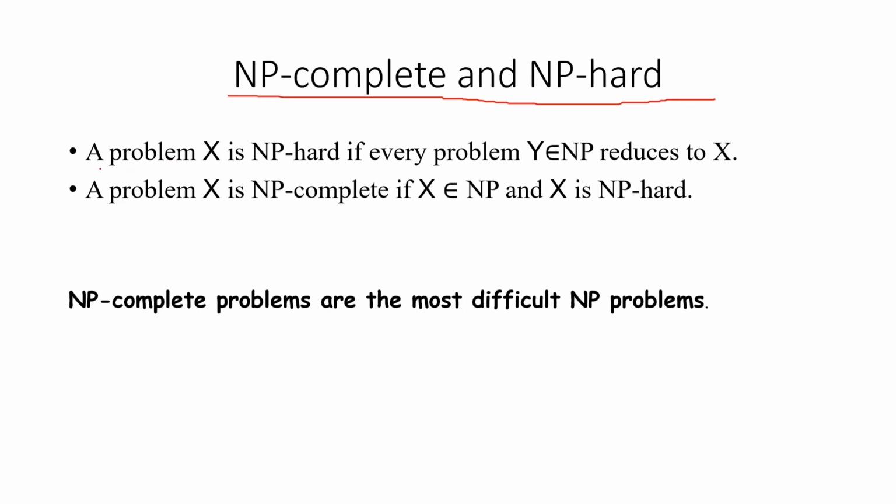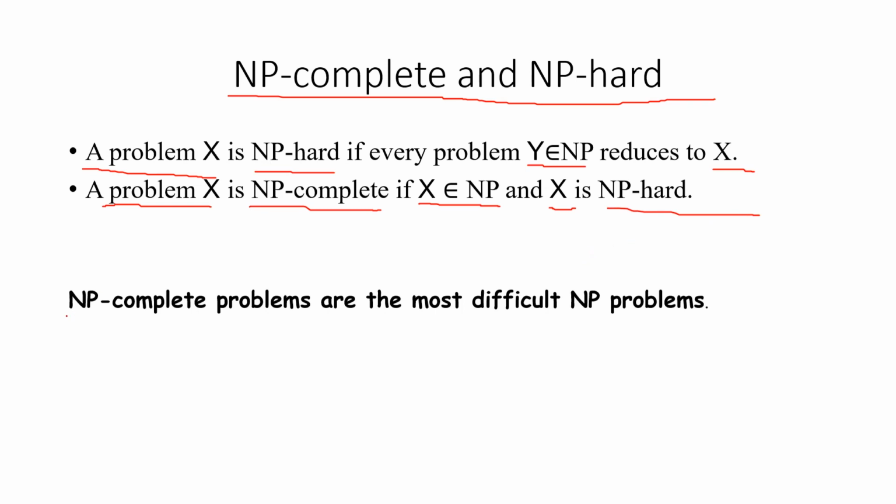If a problem X is NP-hard, it means that every problem Y that belongs to NP is reducible to X. And what is an NP-complete problem? If a problem X is NP-complete, it means that X also belongs to NP as well as X is NP-hard.